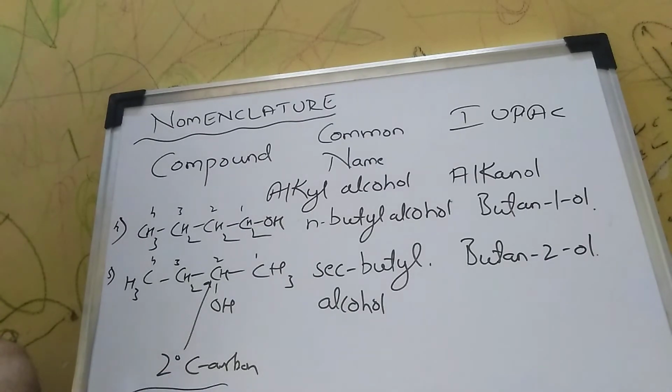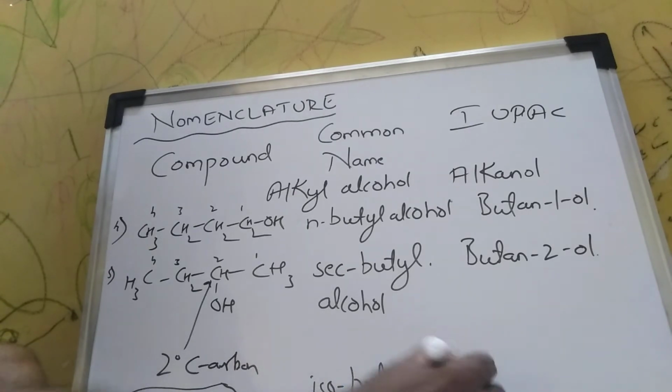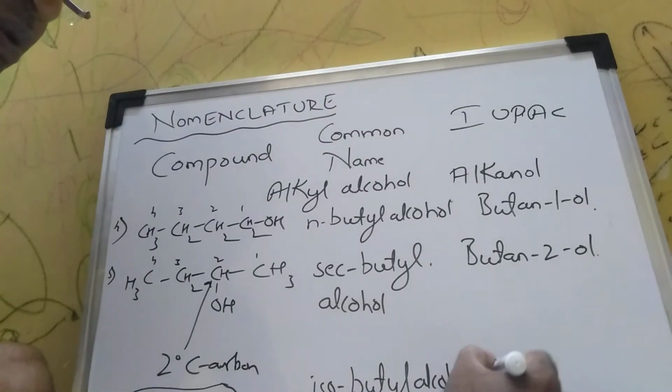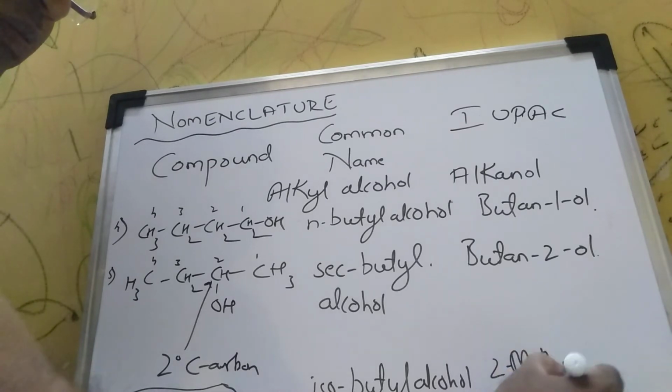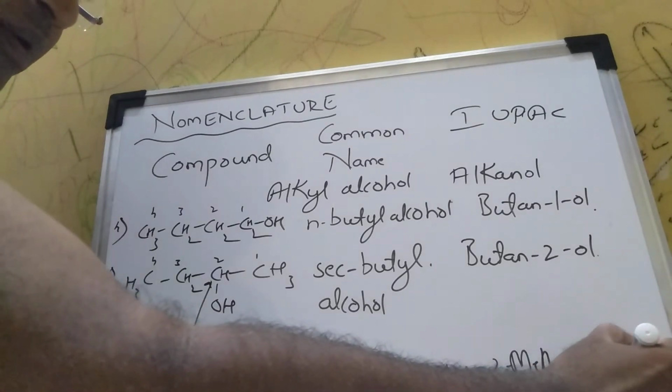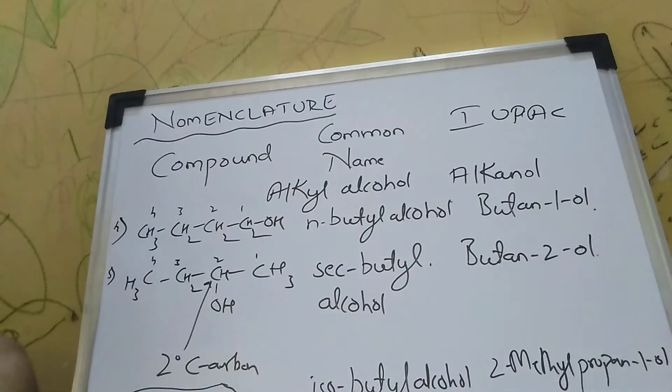So this type of branched carbon chain is called iso. Isobutyl alcohol. IUPAC name 1, 2, 3. Down you come 3. It's 3 carbon atoms, propan, and one particular alkyl group forms the substituent methyl. So it is 2-methylpropan-1-ol.